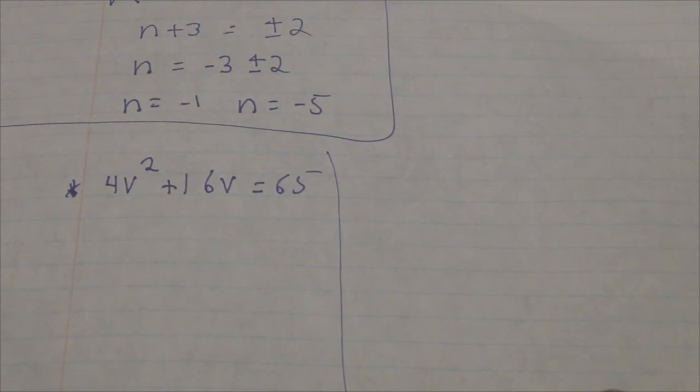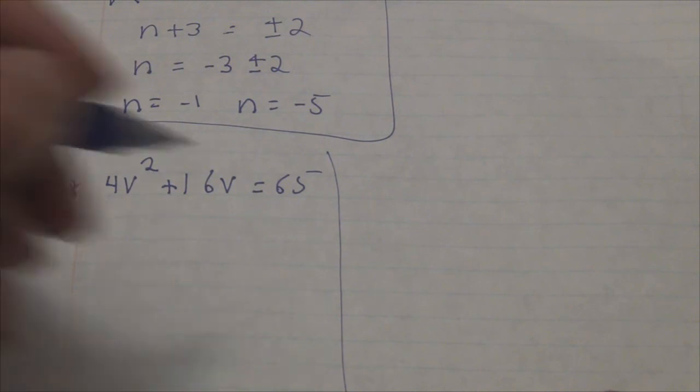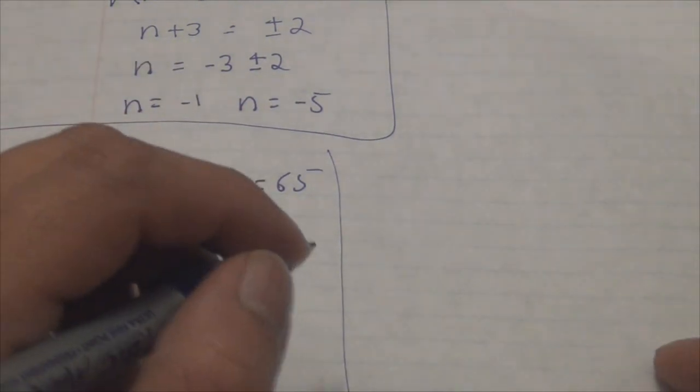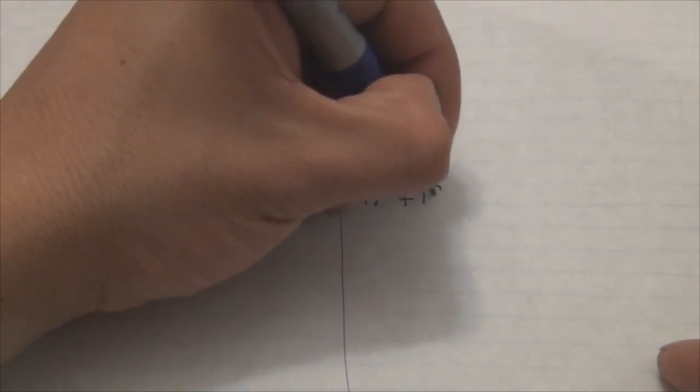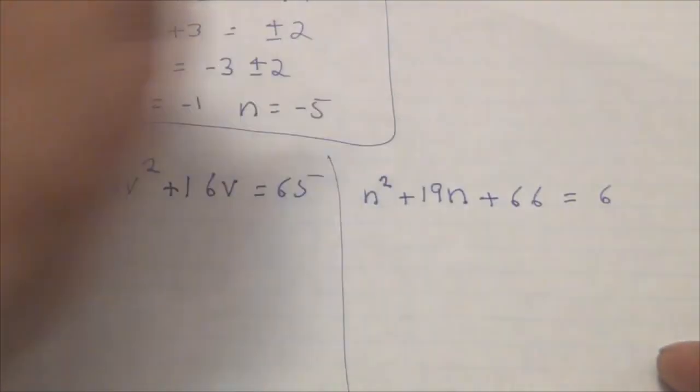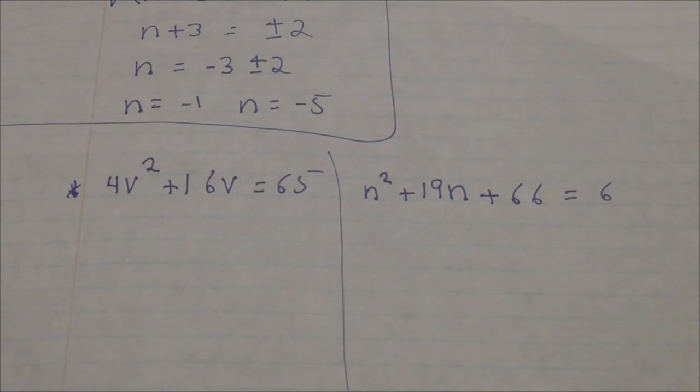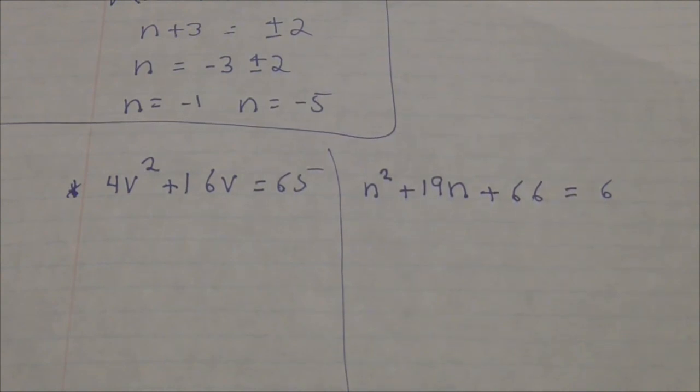And the other one that I'm going to give you is going to be n squared plus 19n plus 66 equals to 6. Okay? So do it and then we check the answers.